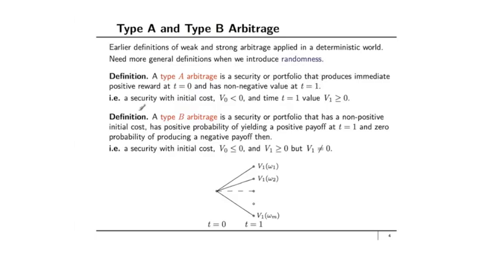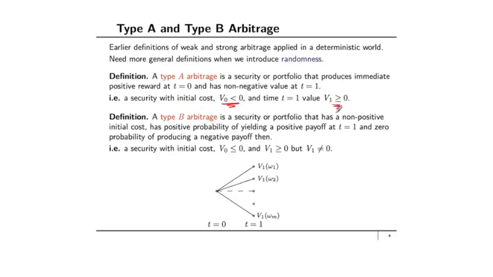So that is a security with initial cost v0 less than 0. If its cost is negative, that means if we buy it, we actually receive money. It's a little bit confusing, but when you have a negative initial cost, you actually receive money when you buy something. So a type A arbitrage is a security with initial cost v0 less than 0 and time t equals 1 value v1 greater than or equal to 0.